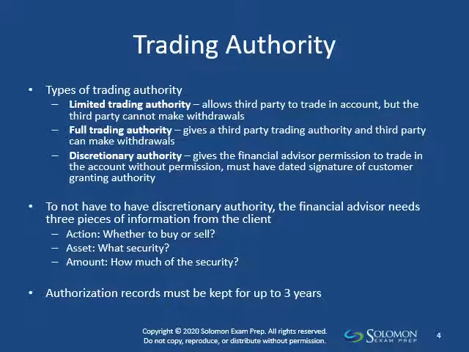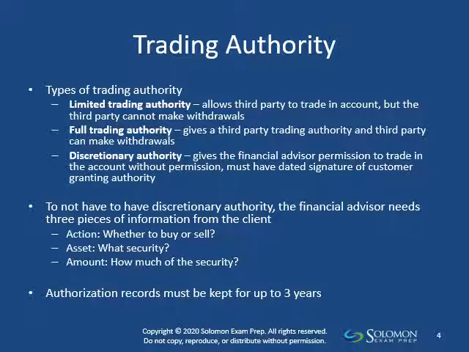When thinking about accounts, it's important to understand the different types of trading authority. So limited trading authority allows a third party to trade in the account, but the third party cannot make withdrawals from the account.